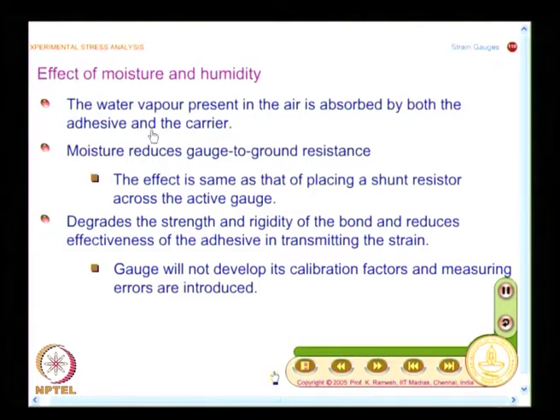And because of absorption of moisture, it degrades the strength and rigidity of the bond and reduces the effectiveness of the adhesive in transmitting the strain. We have already seen the adhesive should faithfully transfer the strain developed on the base material to the foil alloy. It does not happen when it is exposed to moisture.